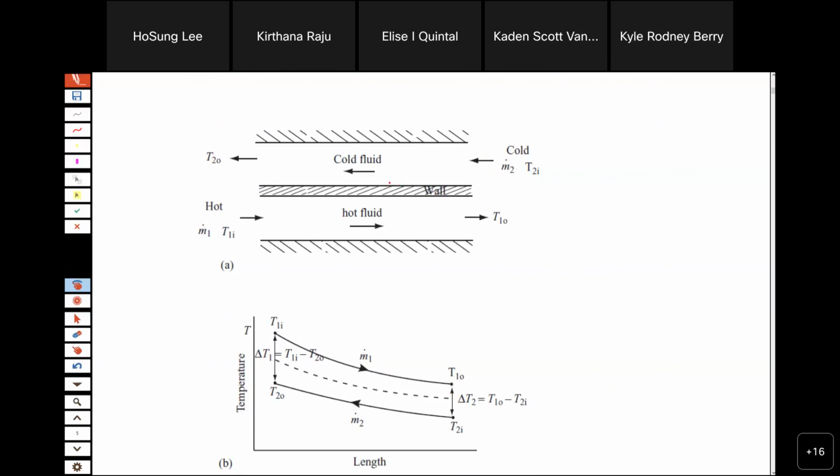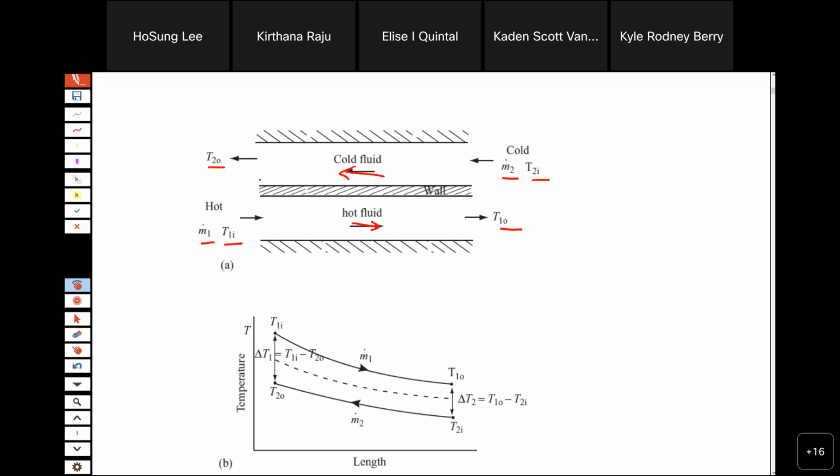As long as there is one cold fluid and one hot fluid: counterflow, with mass flow rates 1 and 2, and temperatures T1 inlet, T1 outlet, T2 inlet, T2 outlet, so we can indicate the inlet and outlet for fluid 1 and fluid 2.